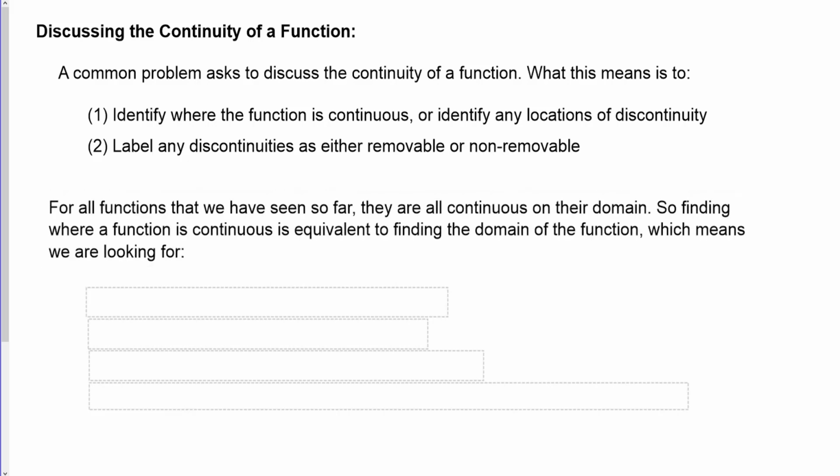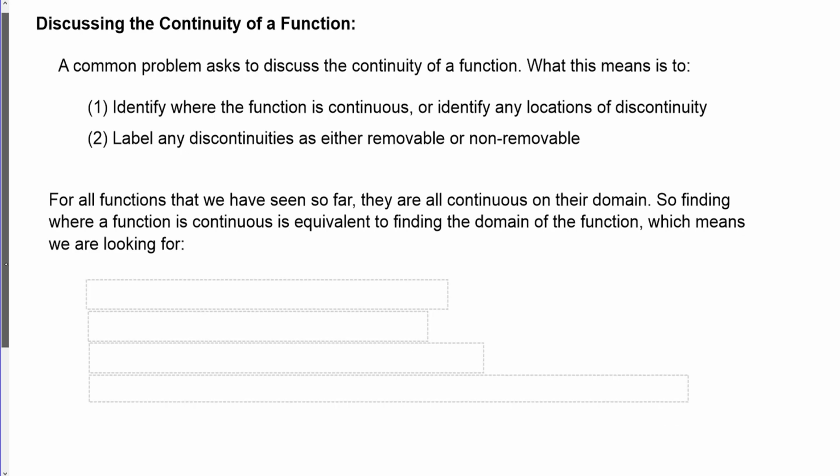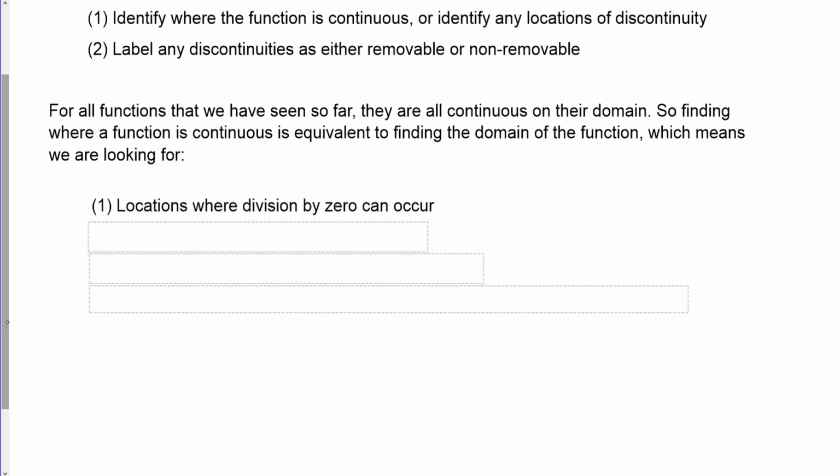So for all the functions that we've seen so far, they're all continuous on their domain. So finding where a function is continuous is equivalent to finding the domain of the function, which means we're looking for things like locations where division by 0 can occur. That's where we could potentially have asymptotes.